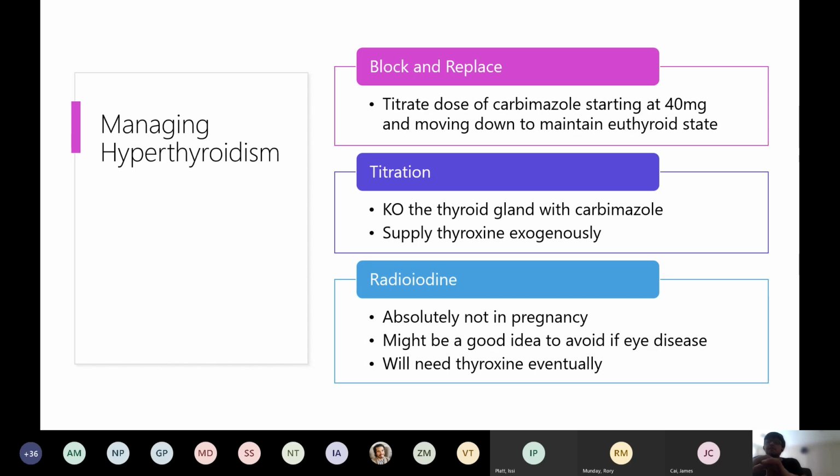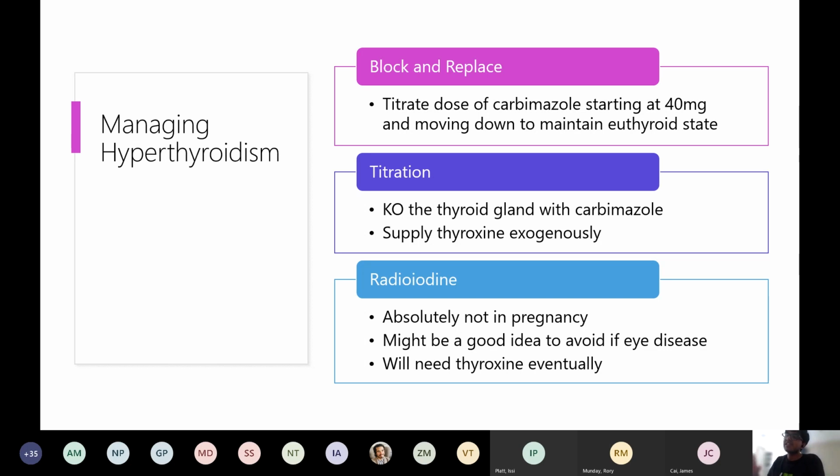There is one interesting thing. The two autoimmune thyroid diseases that you need to know of are Graves' disease, where you have hyperthyroidism, and Hashimoto's, where you have hypothyroidism. In Graves, you can actually have both of those antibodies, so TSH receptor activating antibodies and anti-thyroid peroxidase antibodies.